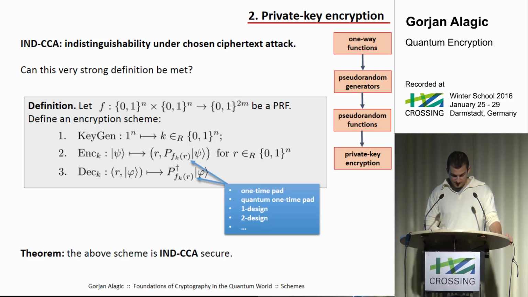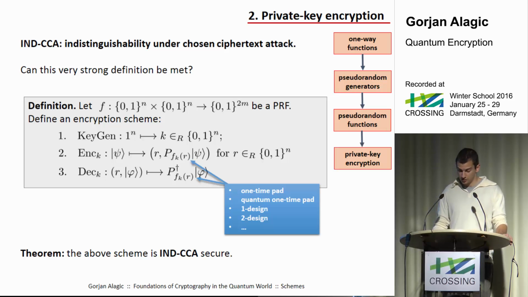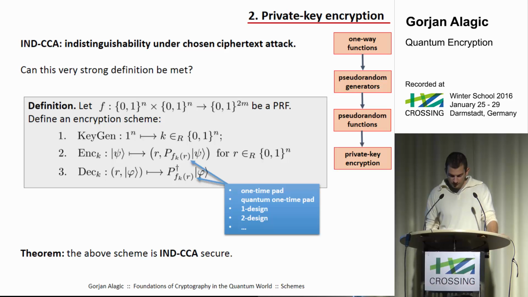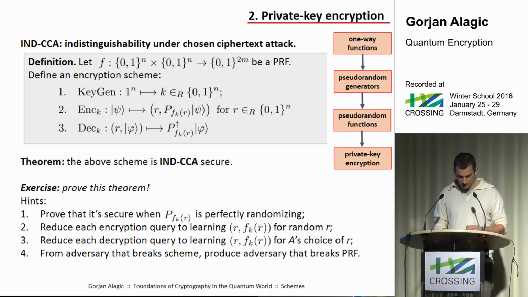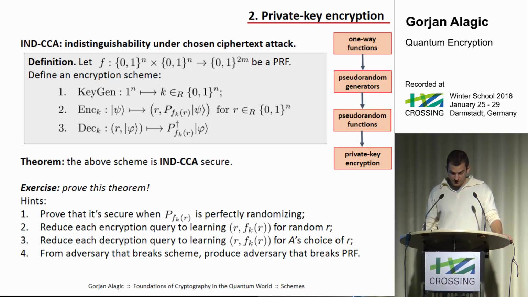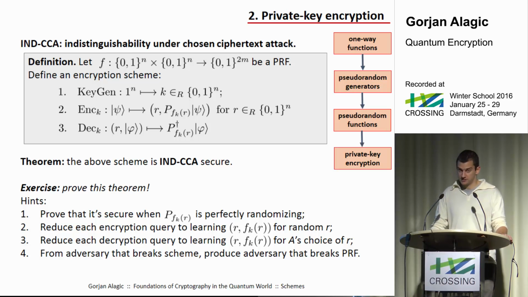And the claim is that this scheme is, in fact, chosen ciphertext secure, so CCA secure. Let me talk a little bit about how you might prove this theorem. The basic idea is to first prove that it's secure if you assume that P sub f_k of R is perfectly randomizing.